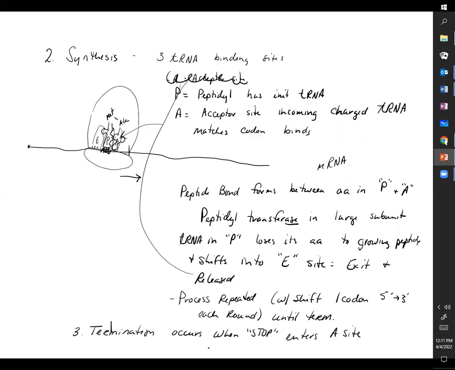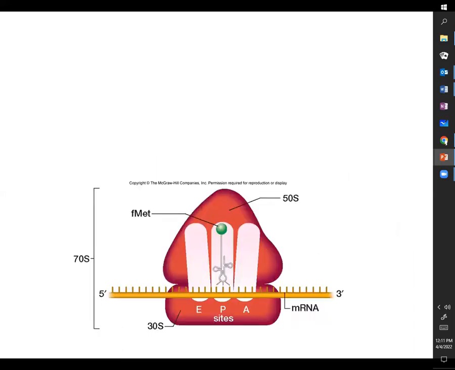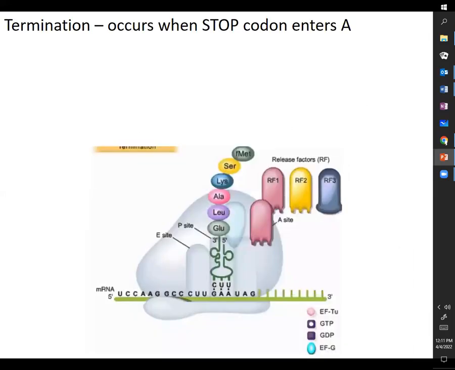When the stop codon enters the A site, there is no corresponding transfer RNA. And since there is no transfer RNA, no bond forming, then it stalls the ribosome.